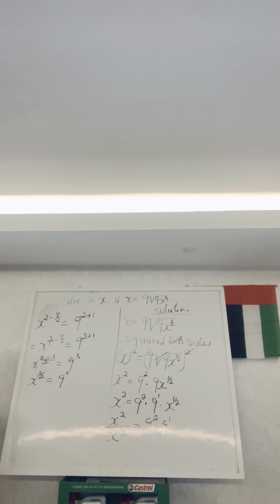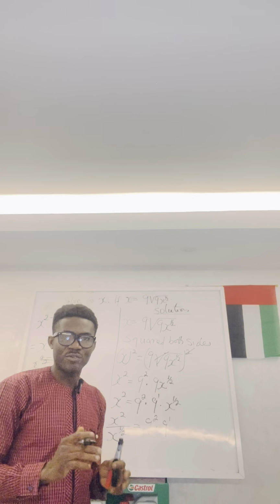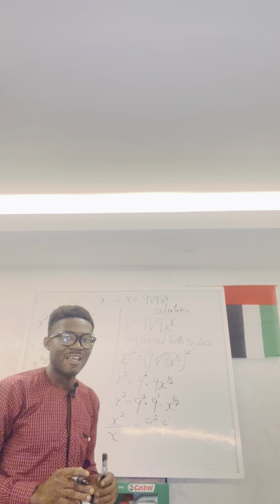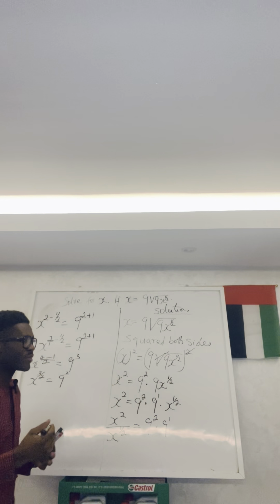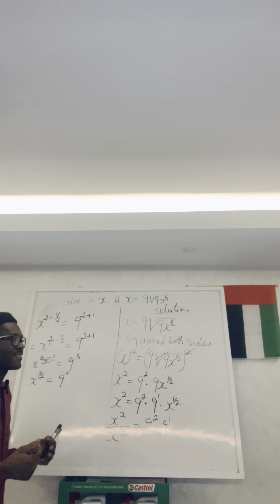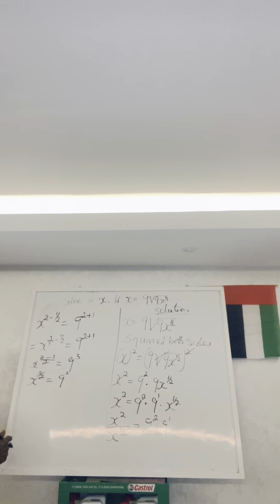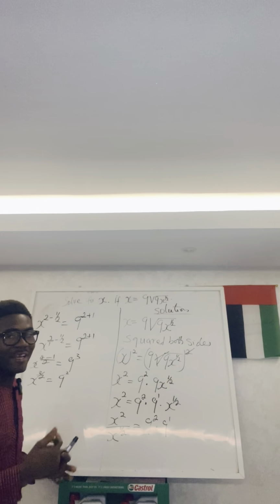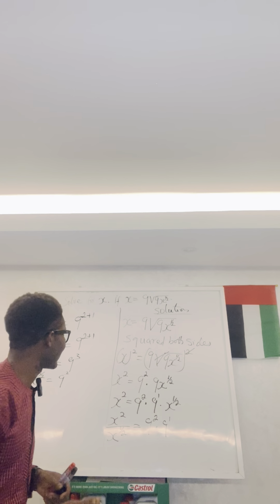Now, looking at this, we are asked to find only x. No addition, no subtraction, only x. And here we have x raised to the power of 3 over 2. So we think of what to do so that we can eliminate something to have x as the subject of the formula. Remember in mathematics, whatever you do at the left-hand side, if you do it at the right-hand side, is correct.